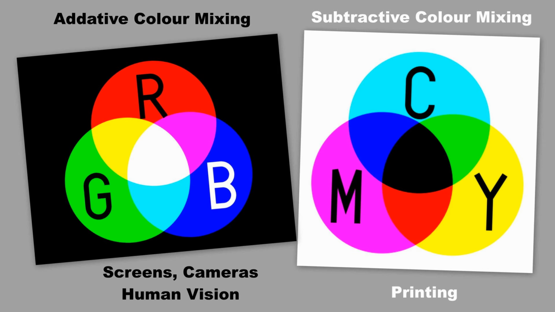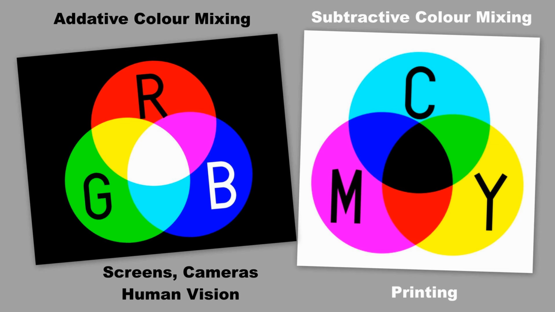So cameras have filters, red, green, blue, over the top of their light sensors, and TV screens have phosphors, which are red, green and blue. That's called an additive system because when you add the light together you get different colours. So normally you would start off with something dark and then your eye or camera would see different amounts of illumination and a different colour.